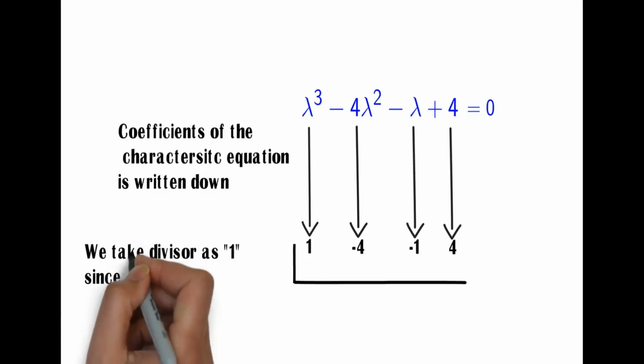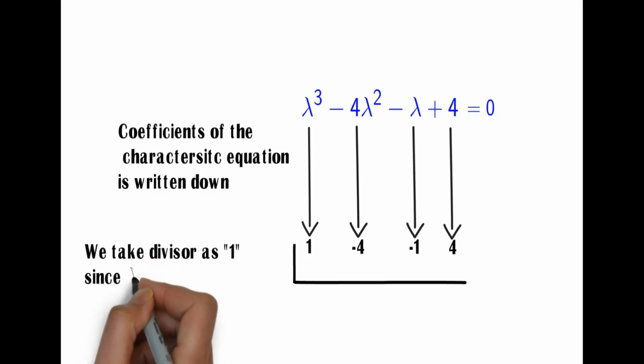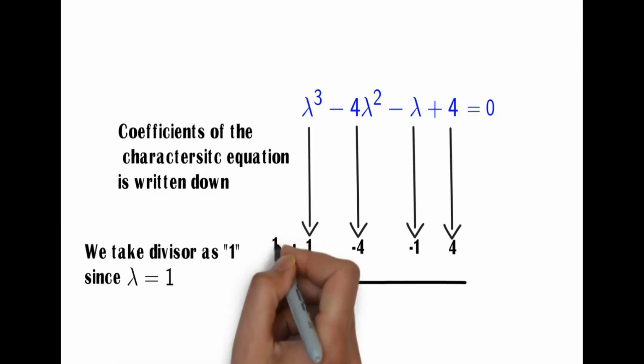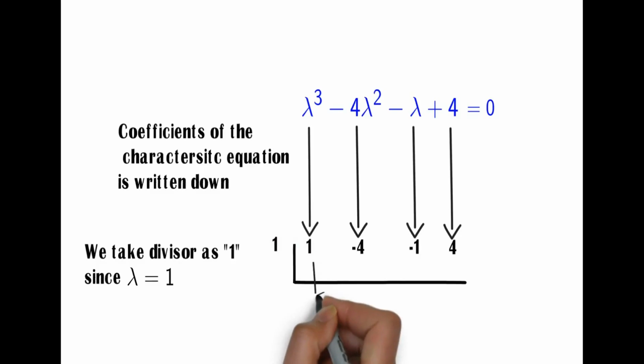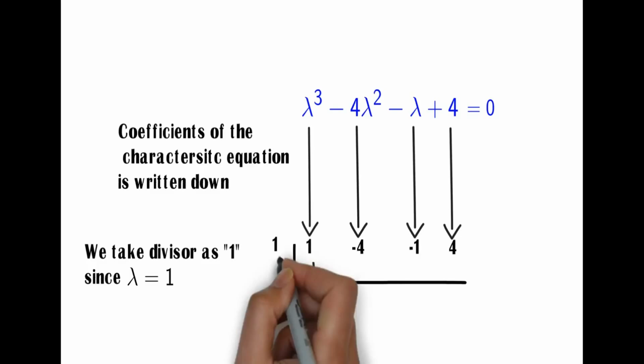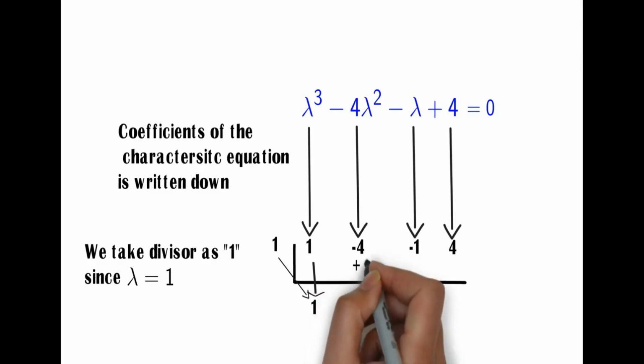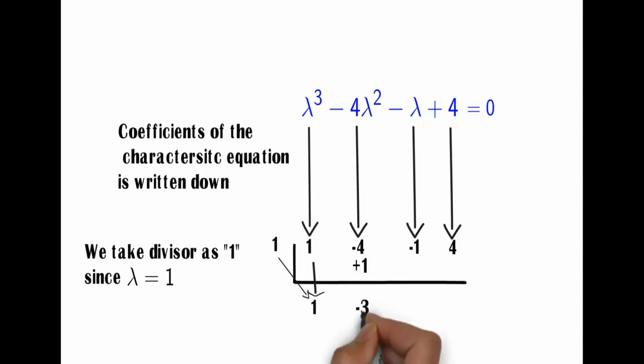We take the divisor as 1 since lambda equal to 1. One is brought down and 1 is multiplied with the divisor, and the result is written below minus 4, adding minus 4 plus 1, which is equal to minus 3.